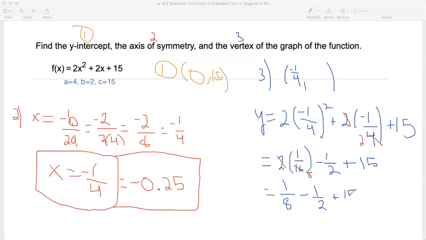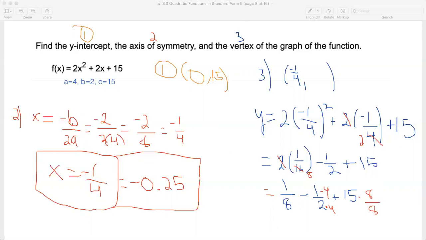All right, guys, so we have options to turn it into a decimal, but I'm going to keep it as a fraction because I think that's what everyone needs the most work in. To get a common denominator, everything should be over 8, because this is your biggest denominator. So that means I need to multiply this by 4/4, and then I need to multiply this by 8/8. This way I get a common denominator.